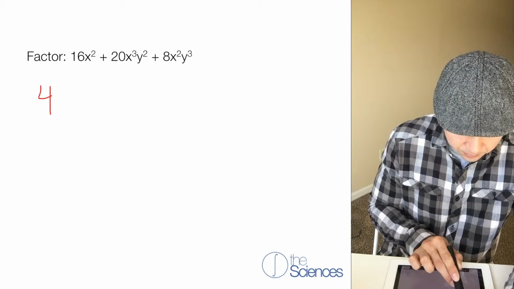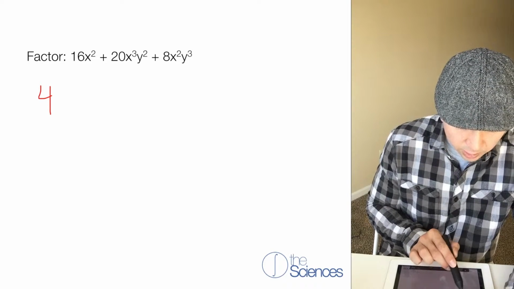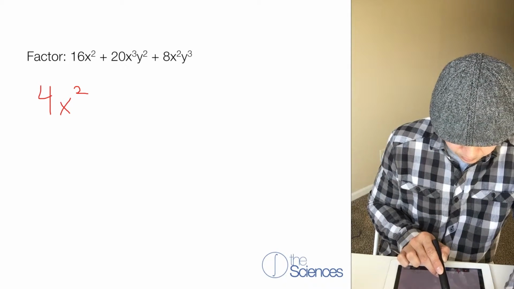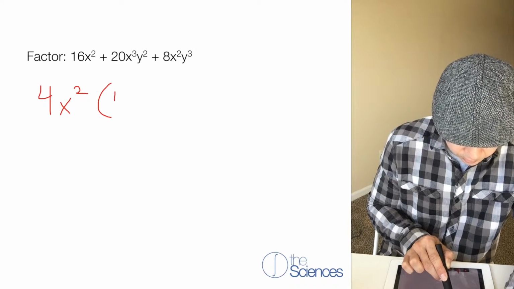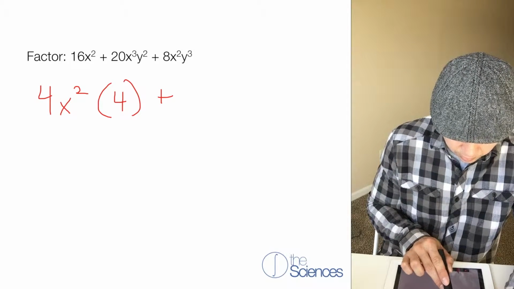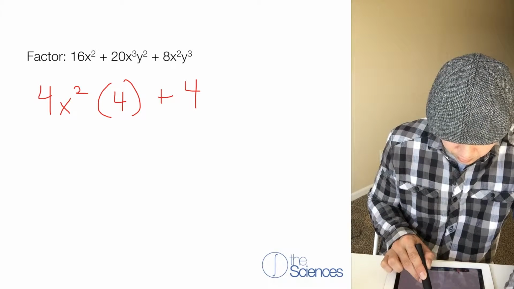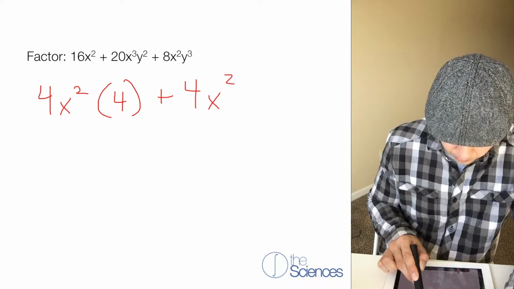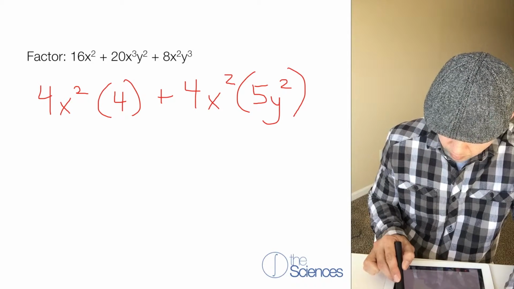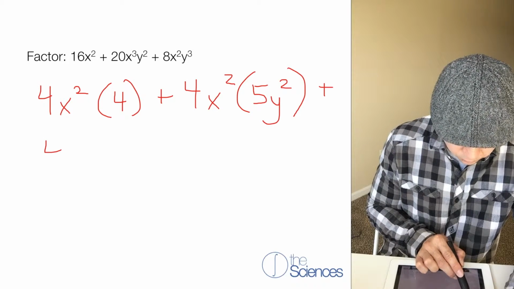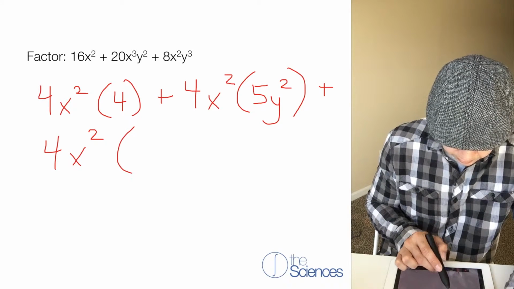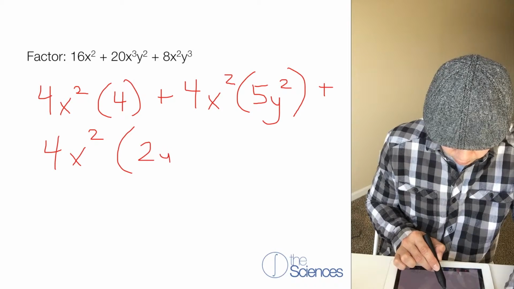So here we're going to write it. Our greatest common factor, which is 4x squared y, times 4 gives us 16x squared y. Here we have 4x squared y times 5xy squared, plus 4x squared y times 2y cubed.